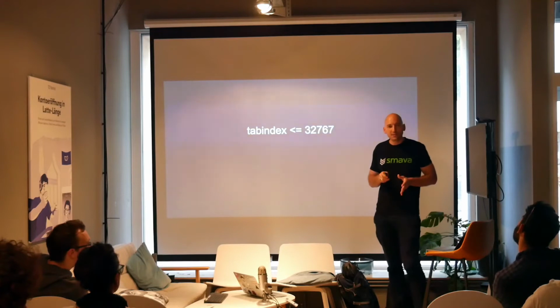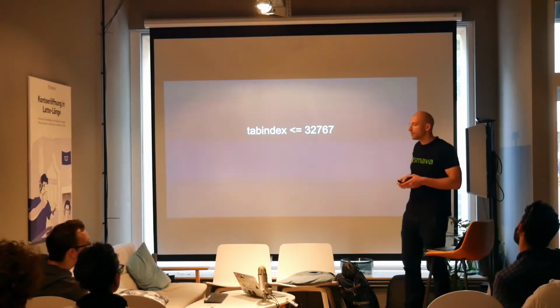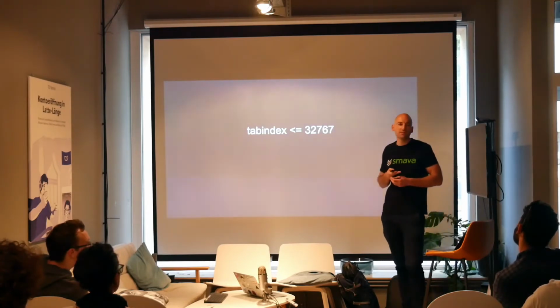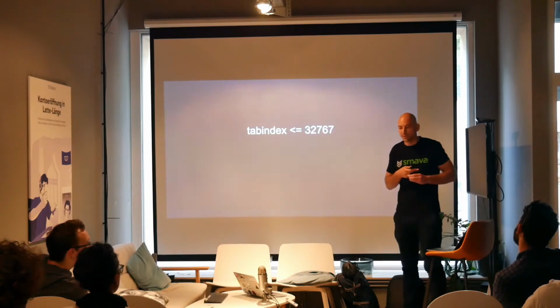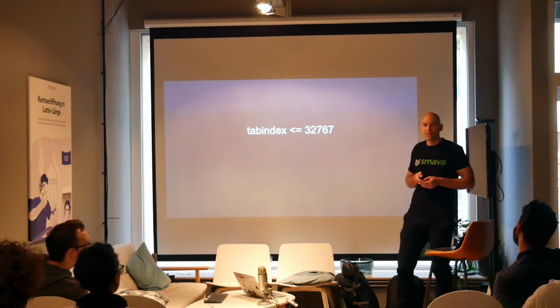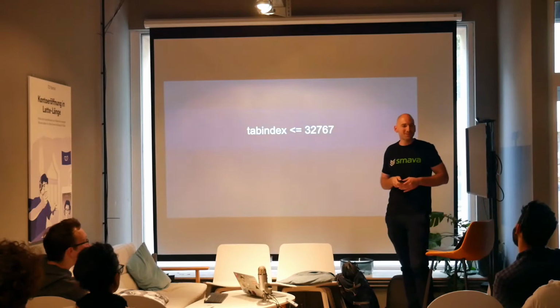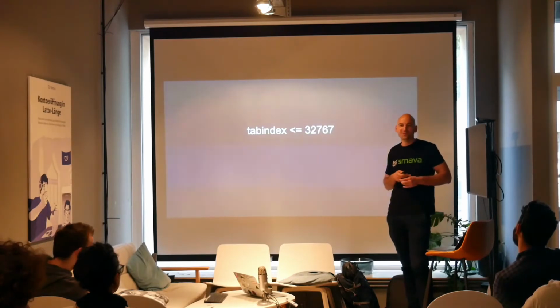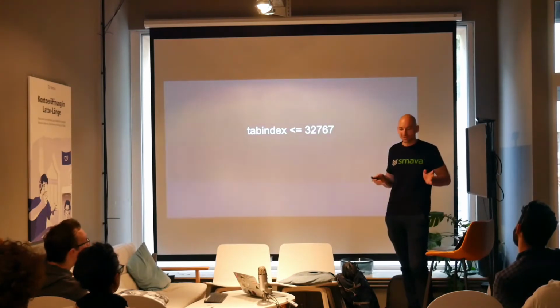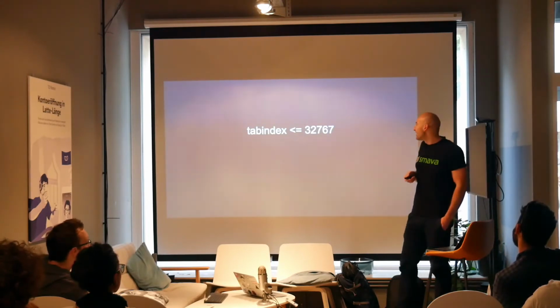So this is the magical thing called tabindex. If you don't know what it is, I'll just briefly touch on it. Back in the days when I started, a long time ago in a galaxy far away, there was no ES6, there was nothing, you were just using tables, and it was fun, I guess.